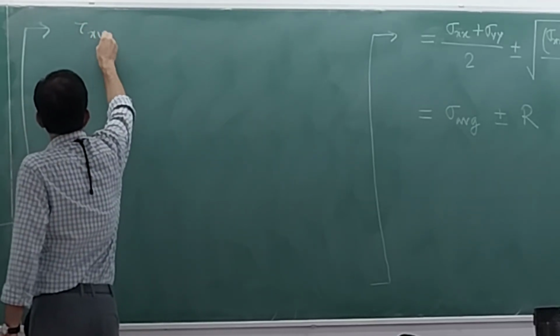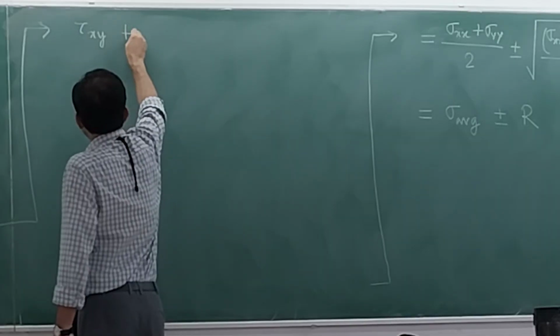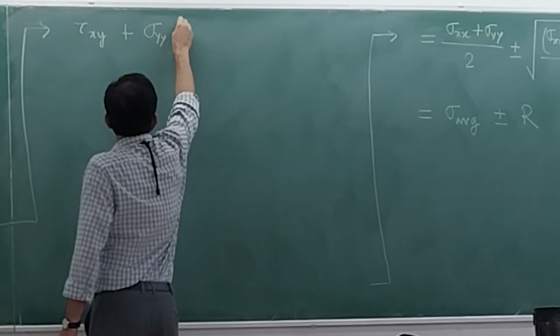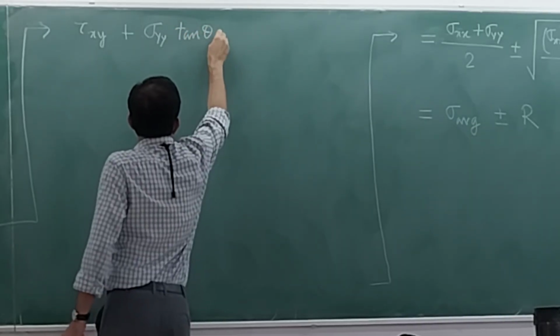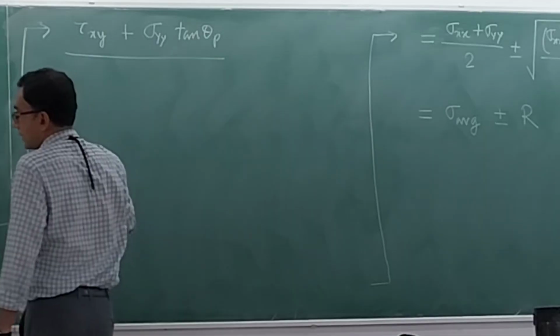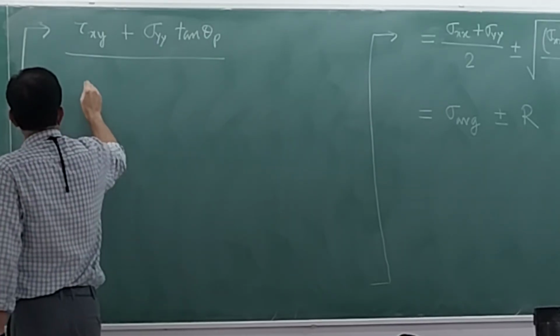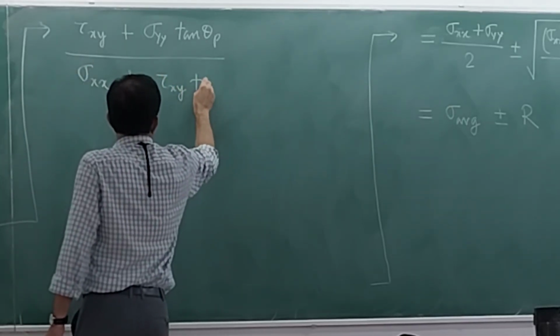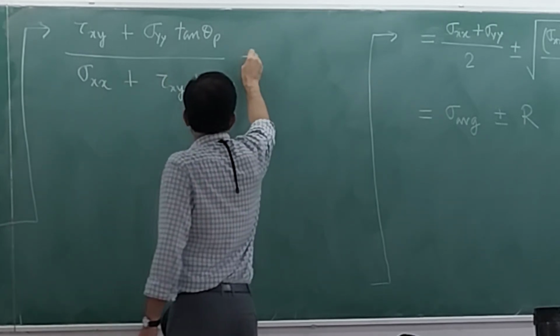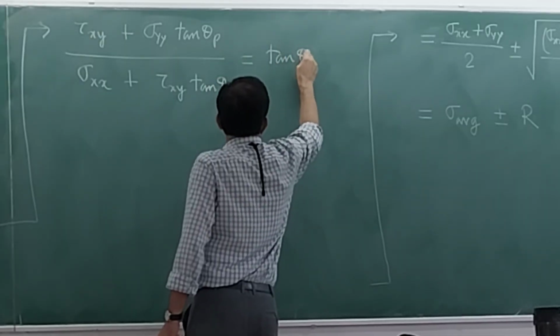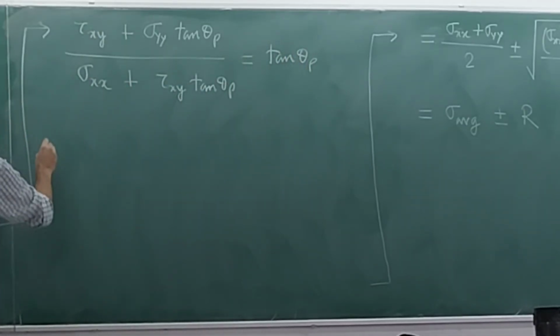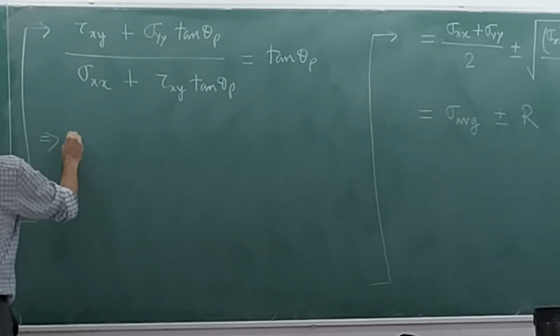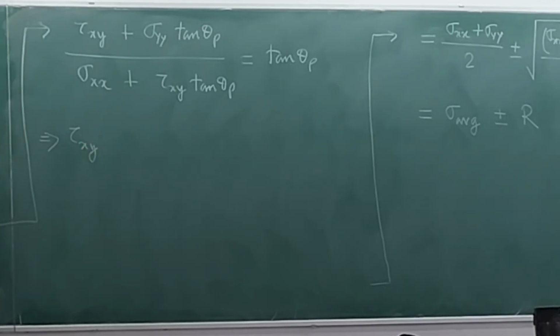So what we'll get is tau xy plus sigma yy tan theta p, divided by sigma xx plus tau xy tan theta p. This is equal to tan theta p. I'm skipping 2 steps.